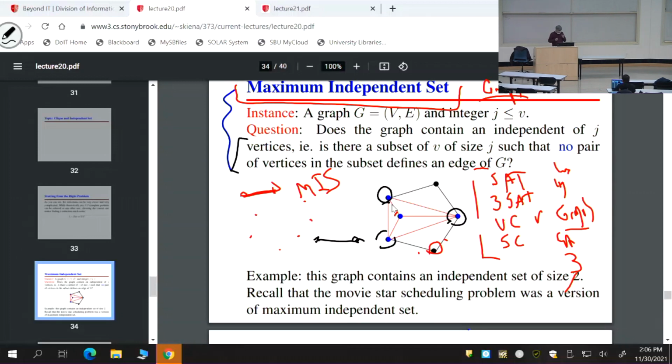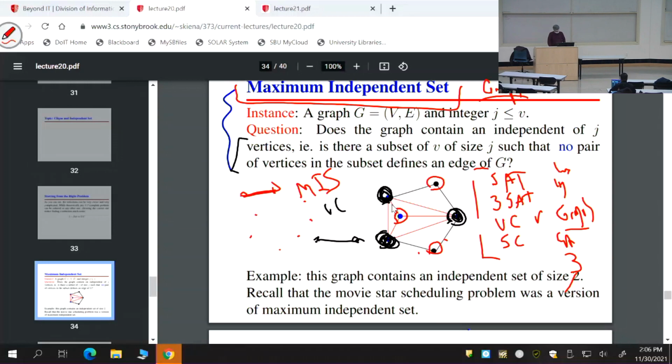There is a connection, an interesting connection between vertex cover and independent set. What is it? If the black vertices represent the black vertices were everything that was not in the independent set.